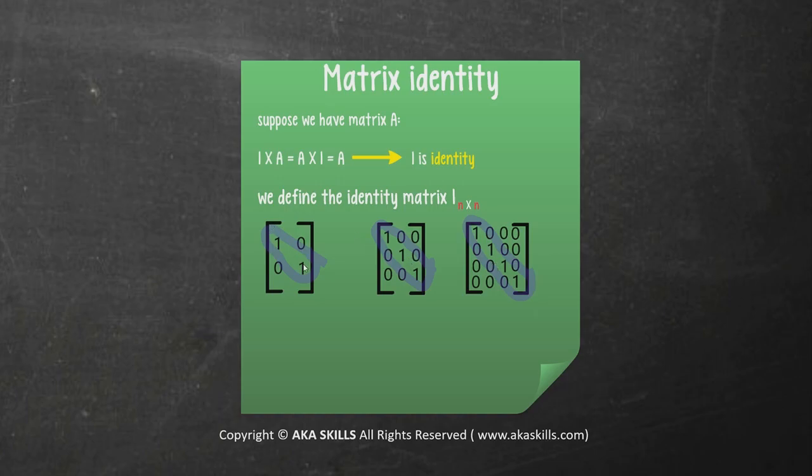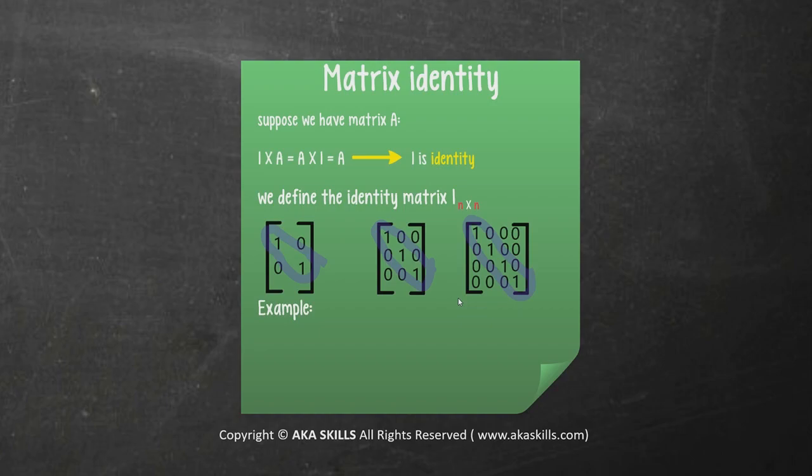That is what it means to have an identity matrix. So this is 2 by 2, 3 by 3, and 4 by 4. So here is the definition: an identity matrix is a square matrix where the diagonal is ones and the rest are all zeros.